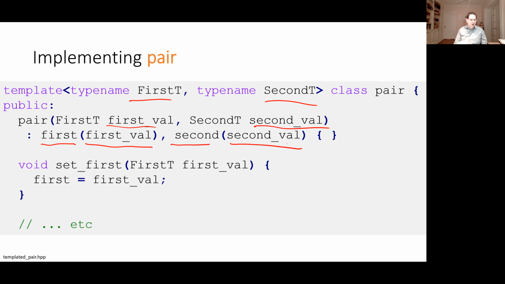We're doing that by just calling their constructors, which is the preferred way to write constructors. This is exactly what we would do for any normal type. For set first, where we're setting our internal private variable first, we just set it normally, equal to what you passed in. The only thing that looks slightly different is we don't know its type. Its type is this type name. It's generic.